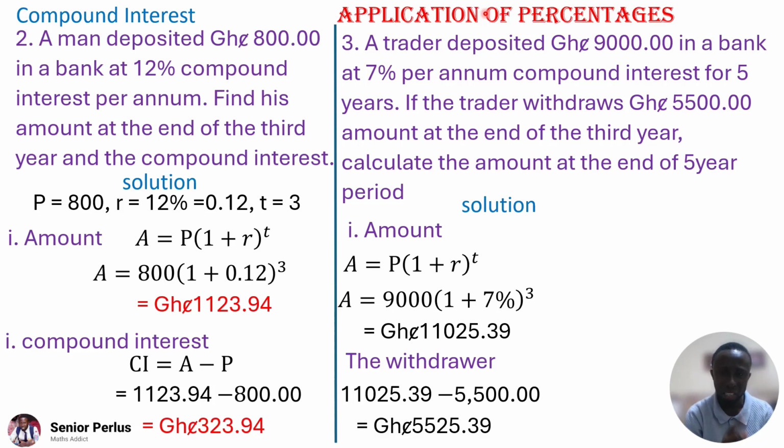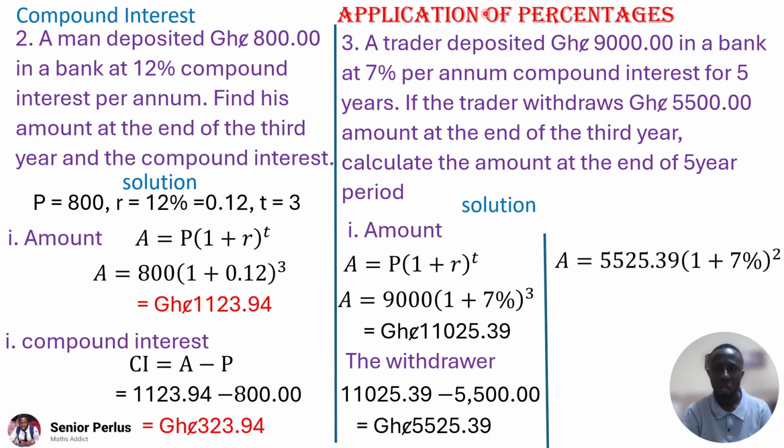Since I was explaining the principal when we are using the formula, the amount is the principal plus the interest. Then the next year, that amount will turn to your principal. Good, that's what we are doing here. Then we work for the amount for the remaining 2 years.